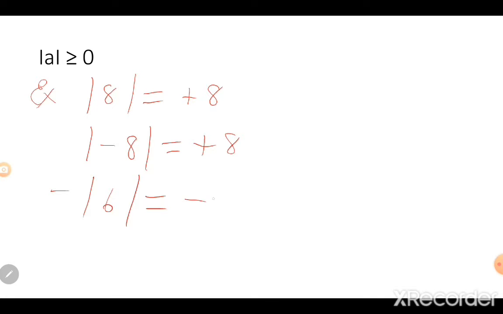So this comes back as minus 6. Or if it's minus 7 per se, then that'll just come back out as minus 7. So with absolute value, the sign on the outside, that's what the sign of the final number would be.